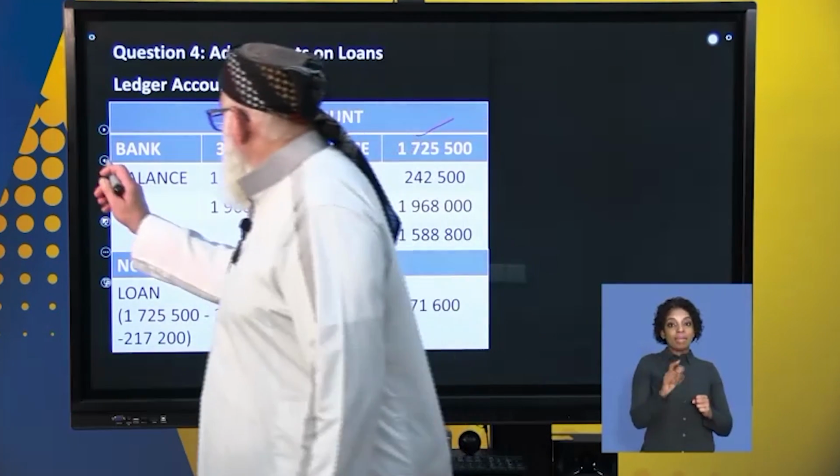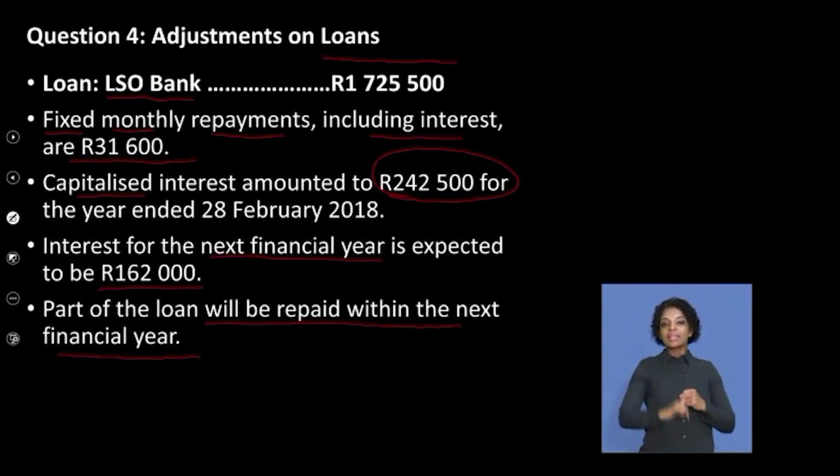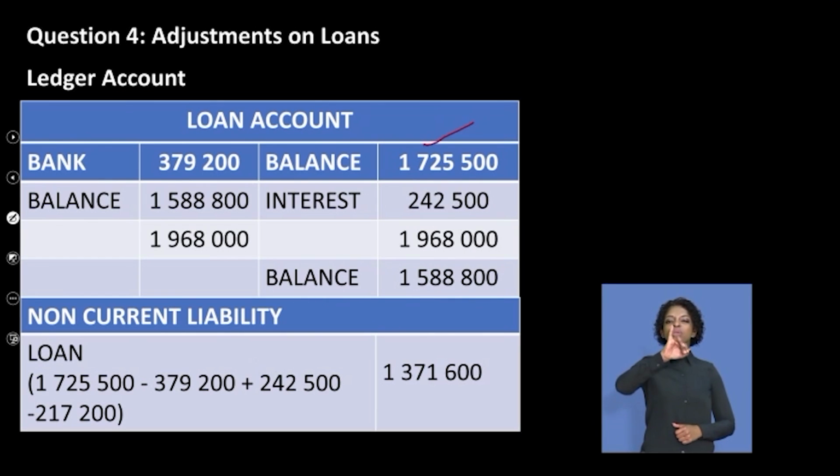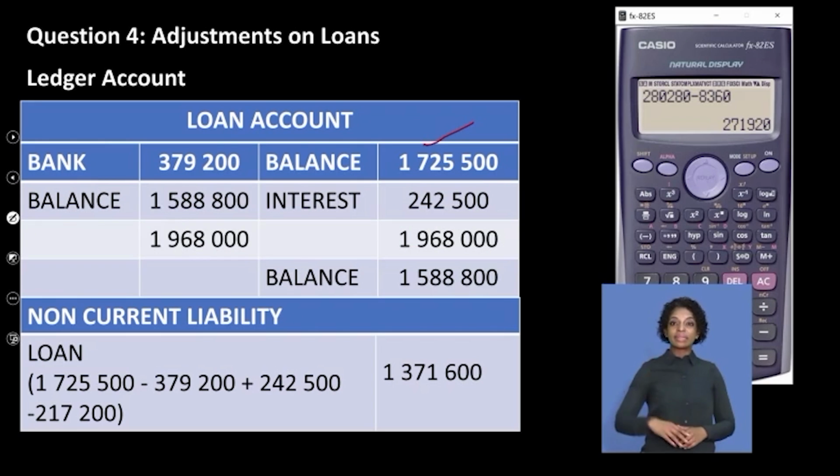Got it? Okay. Number 2, we had fixed payments, right? Remember I told you it was monthly payments. Let's just go back so we can see the amount was 31,600. Obviously, if you take your 31,600 times 12, this will give you 379,200.